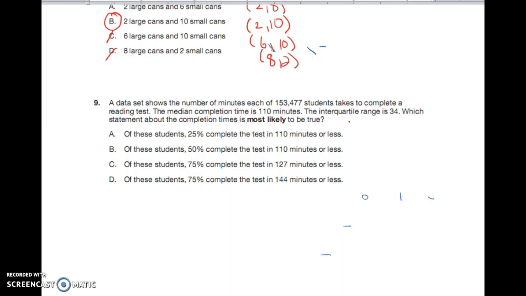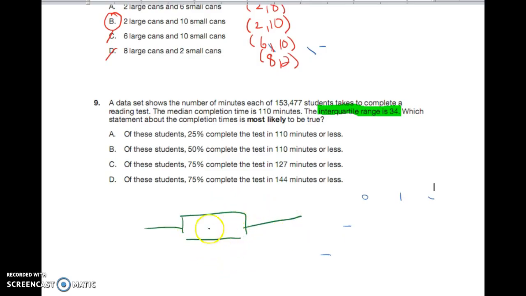So, important word for this one is interquartile. Okay, so the interquartile range is 34. So that tells me that this is a box and whisker plot. If you forgot, they look something like this.